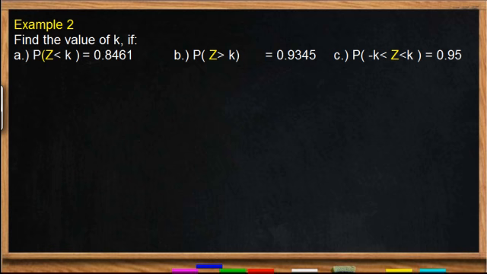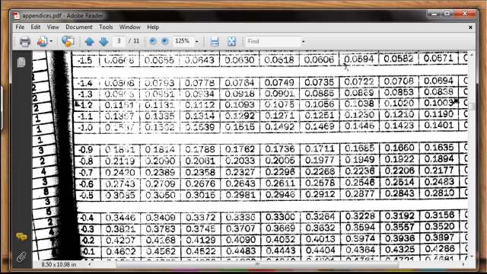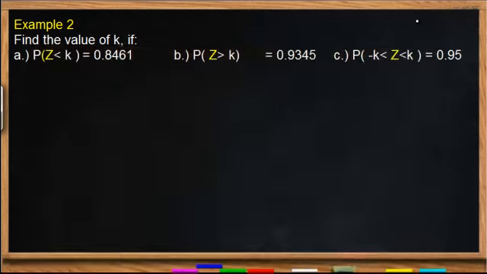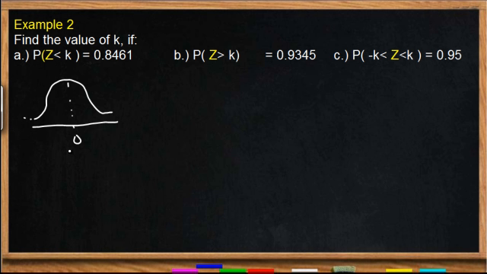So we look for 0.8461. The numbers are increasing, so 0.84. Since it is more than 0.5, the value is positive on the curve. For example, the center of the curve has z equal to 0, which means the probability that z is less than 0 is actually 0.5.